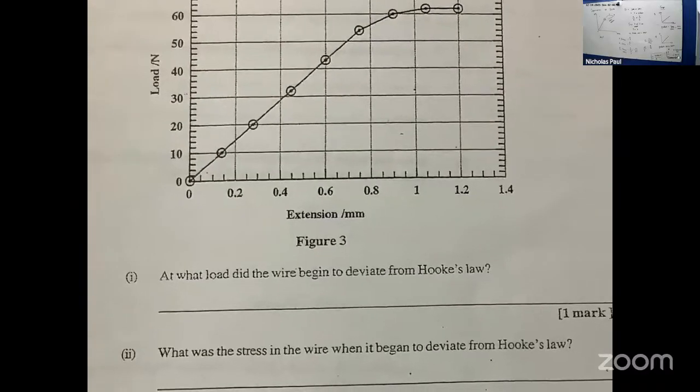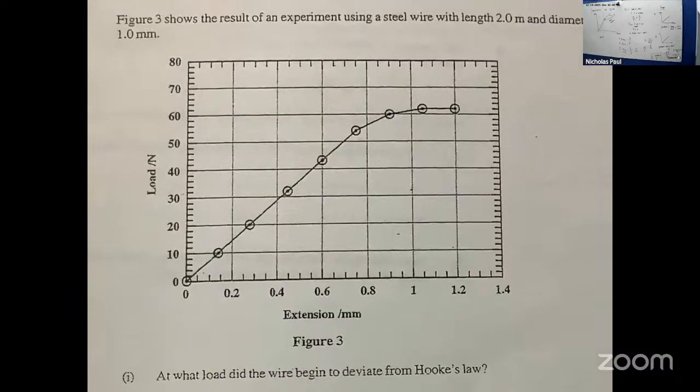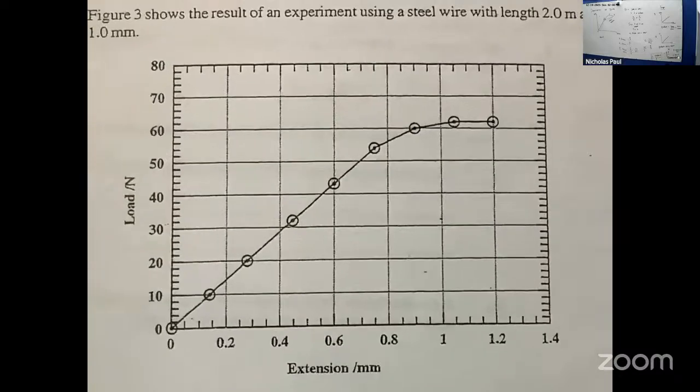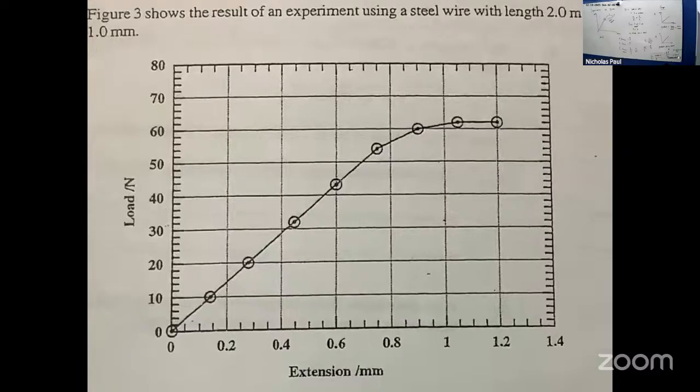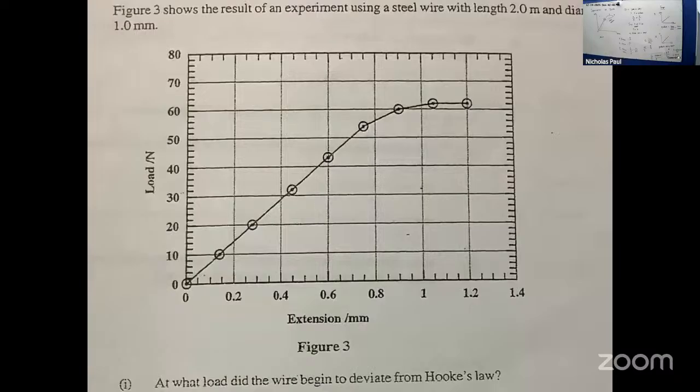What was the stress in the wire when it began to deviate? So look back at how to find stress. F over A, right?